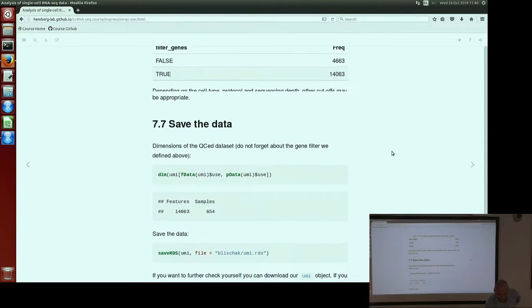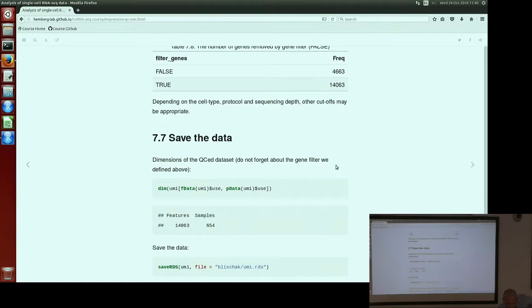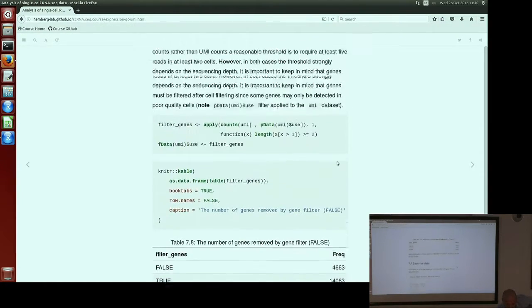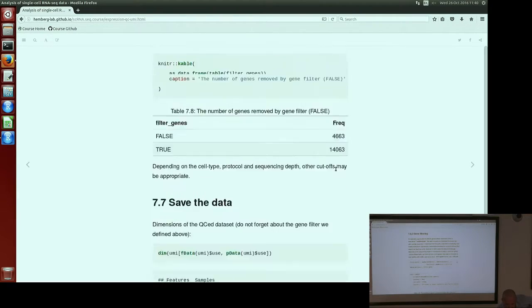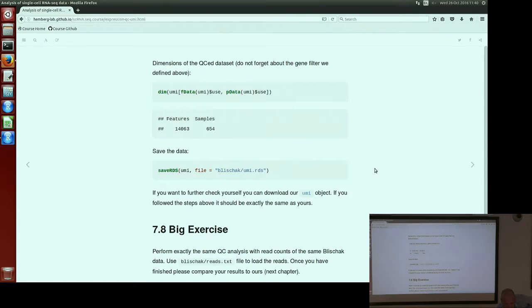And basically that's it. So we don't save the filtered data set, but we just save the same data set that we use throughout these exercises.